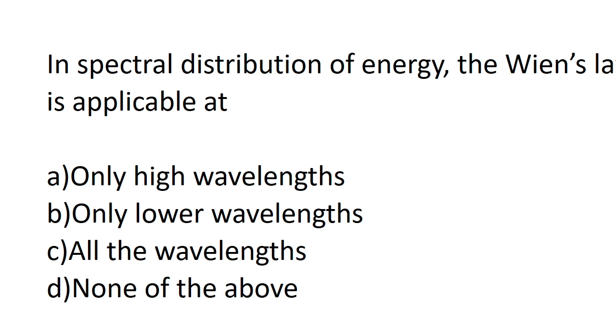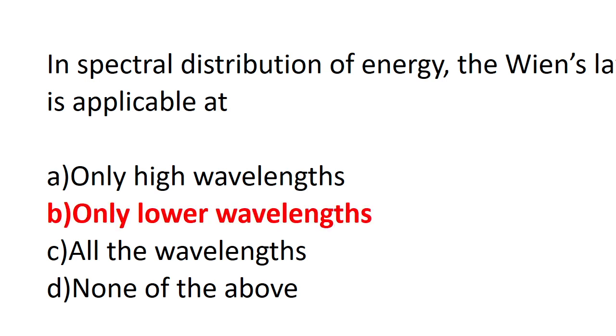Next question, in spectral distribution of energy, the Wien's law is applicable at only high wavelengths, only lower wavelengths, all the wavelengths, none of the above. Wien's law is applicable only at lower wavelengths.